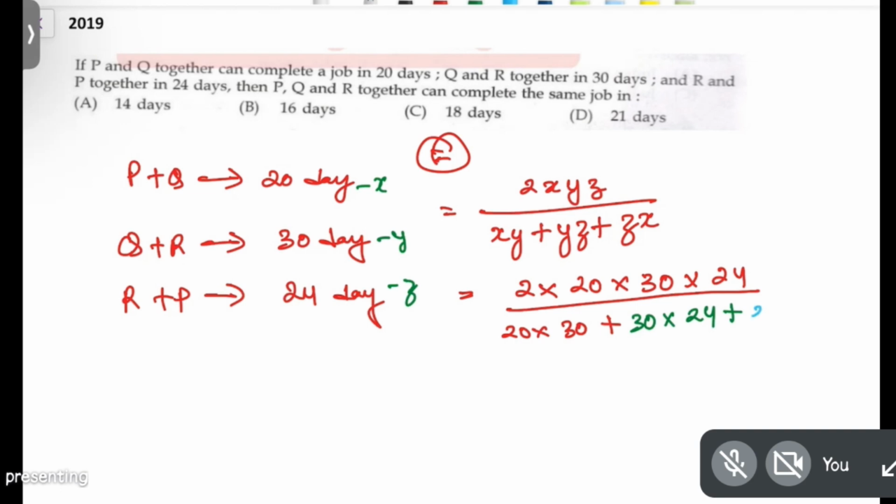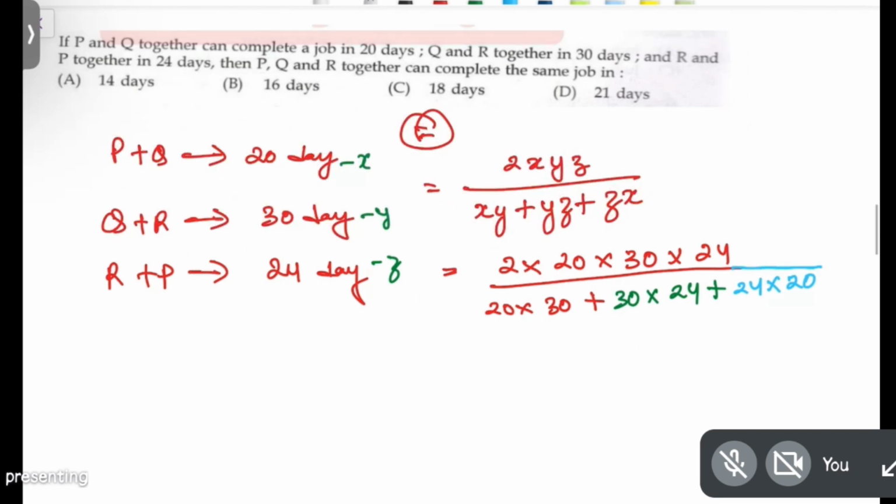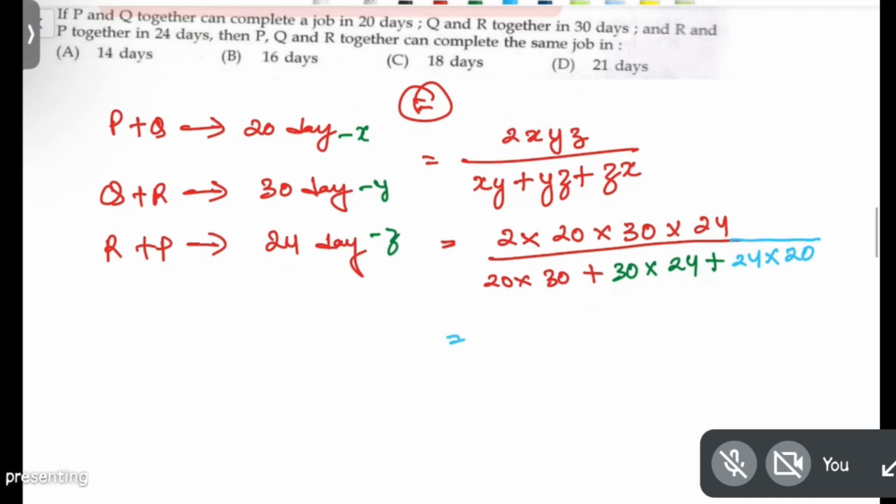So which means 24 into 20. These are the different groups here. Now in order to reduce calculation, I'll just keep my numerator as it is. So my numerator is still 2 into 20 into 30 into 24. I won't multiply because I want to save time in the exam.